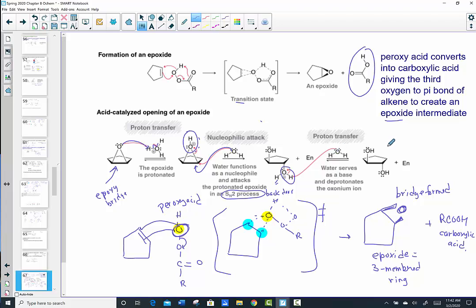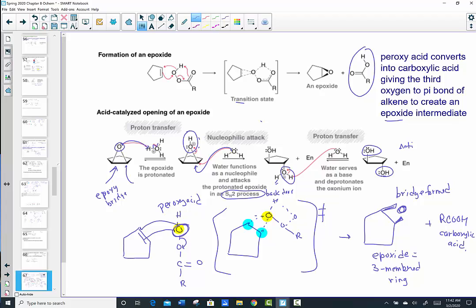And notice what we've got here, an OH, and an anti-addition. The epoxide intermediate ends up with one hydrogen facing the top. The water will come underneath to give you the bottom attack. You deprotonate the water and you end up with two hydroxy groups.